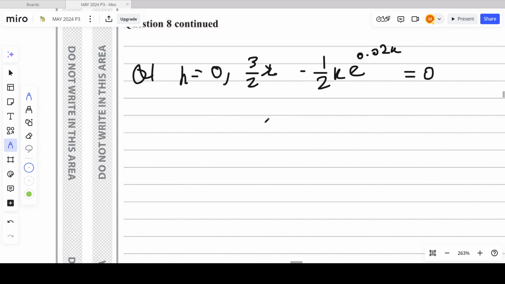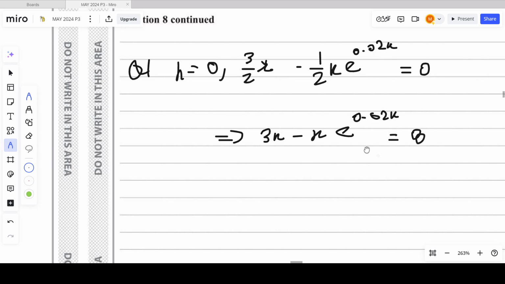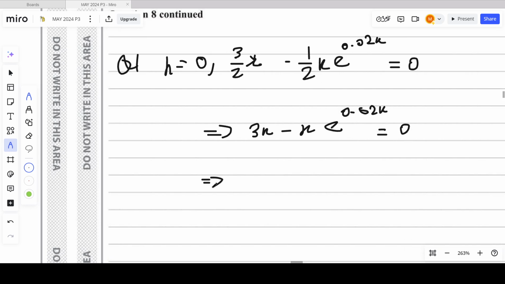We need to make x the subject. Multiply both sides by 2 at first, so we get 3x minus x e to the power 0.02x equals 0.